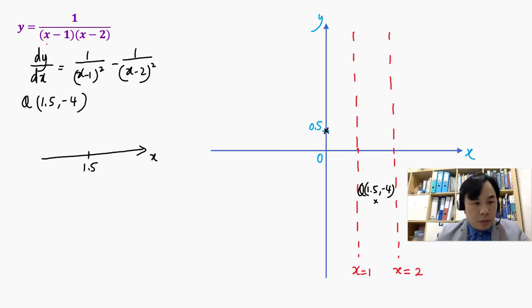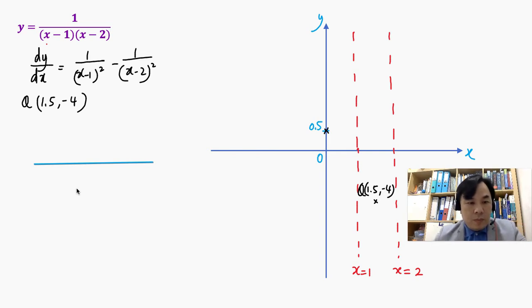Now let me draw it properly. Hold on, I think I get a straight line better. I'm going to draw a straight line here, and then after that I'm going to enter all my critical points. So I have my 1.5. I also have my asymptote here, which is 2 and 1 here.